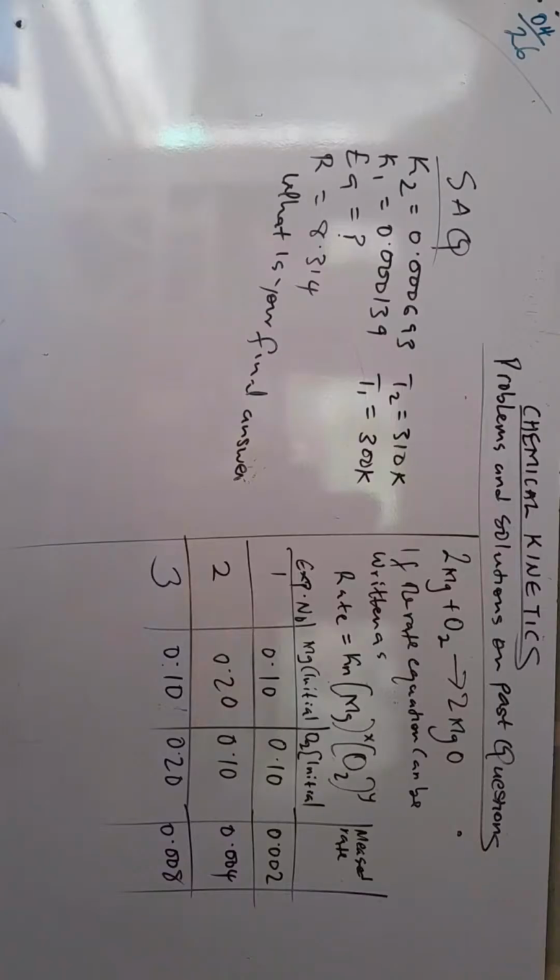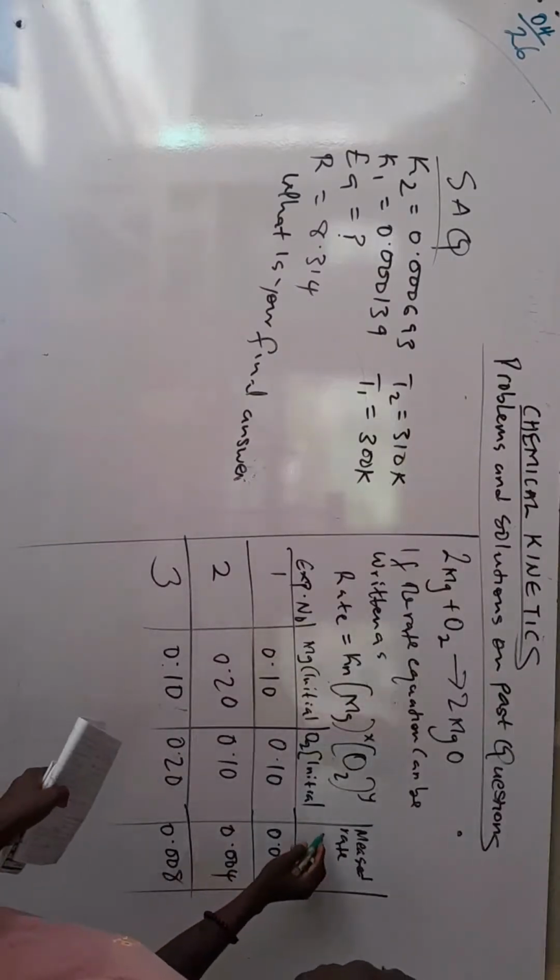And number 3, calculate the value of the rate constant, which is the k. Now, let's go into this carefully. We are going to be using the parameters for magnesium, the parameters for oxygen, and the measured rate, which is also in mole per liter per second. Take note, everything is mole per liter per second.